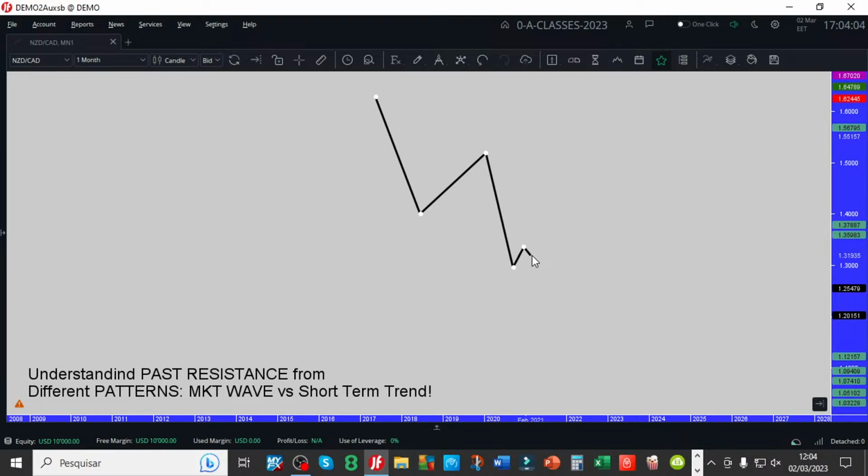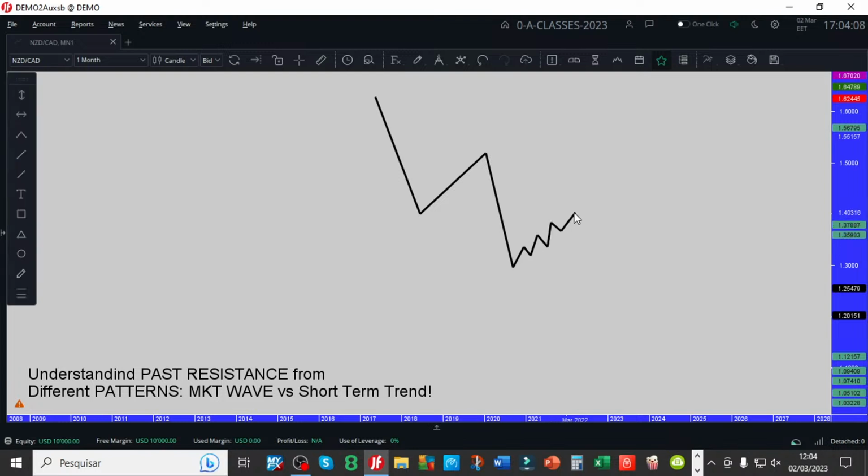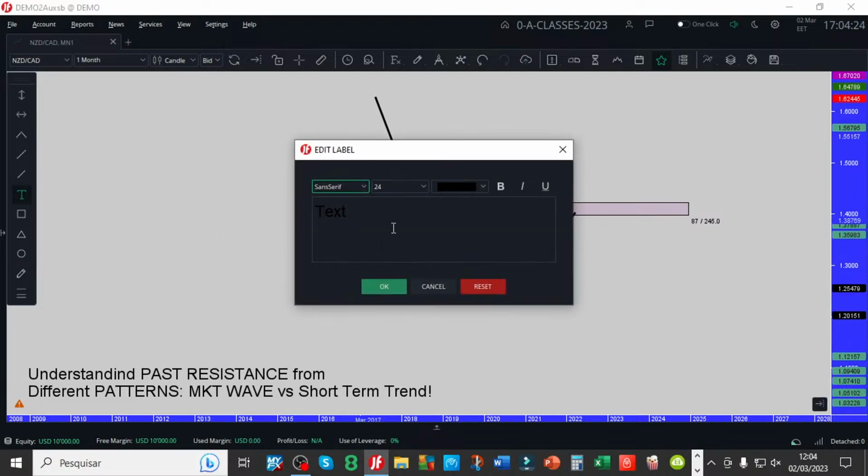Right, market making higher highs, higher lows, higher highs, higher lows, and we've learned with an uptrend and past support that the market most likely is going to reverse 7 times out of 10. The market is going to reverse at what we call past resistance.